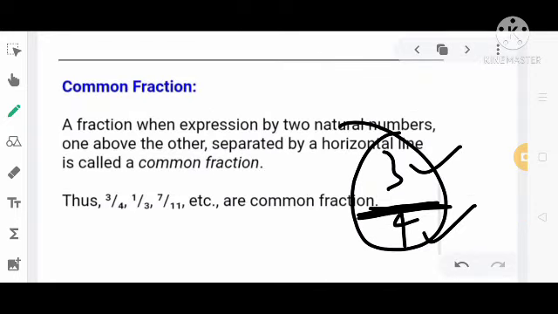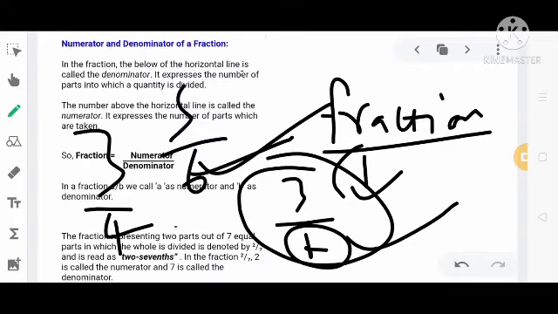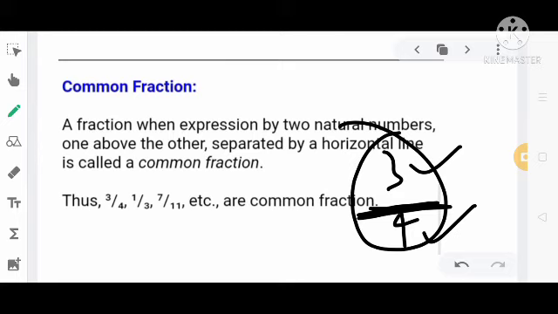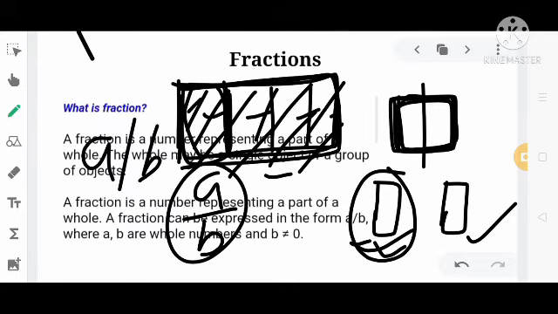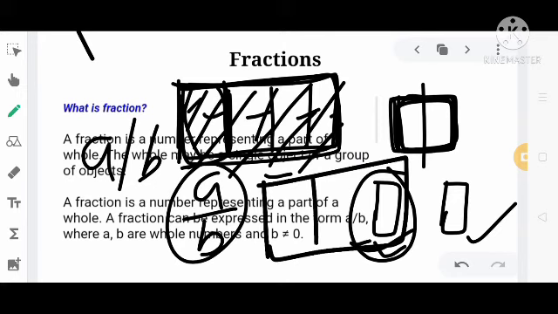First, we recap the basics which I have studied in the last lecture. What is fraction? Fraction represents the part of a whole. Suppose you have a piece of chocolate, and you cut it into 3 equal parts.